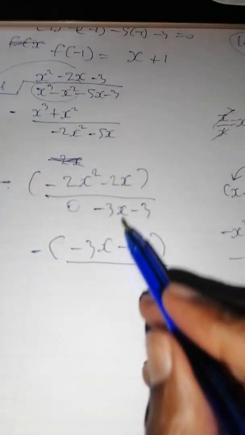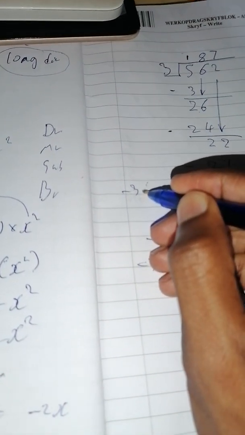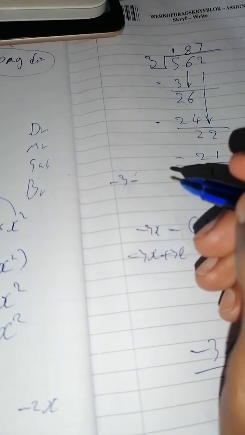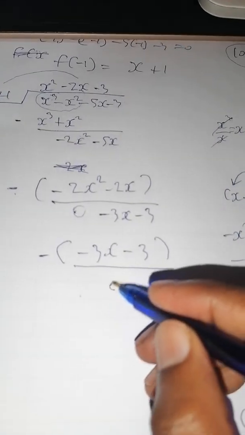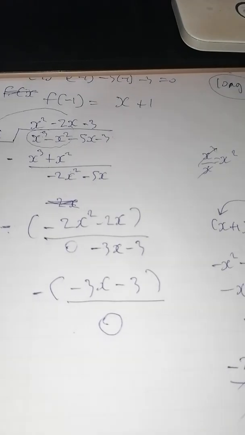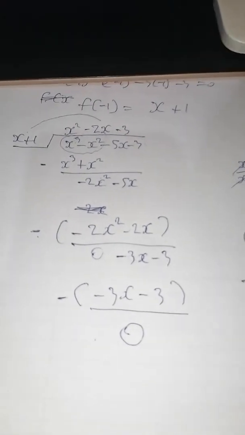Now they're going to cancel each other. Now what about 3? It's going to be negative 3 minus negative 3. They are going to cancel each other out again, so we have 0.